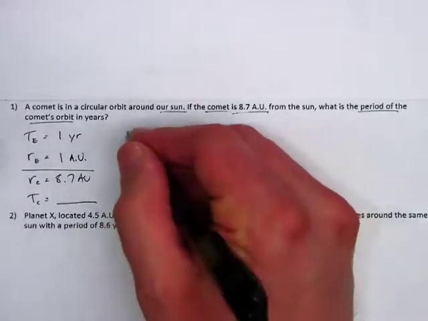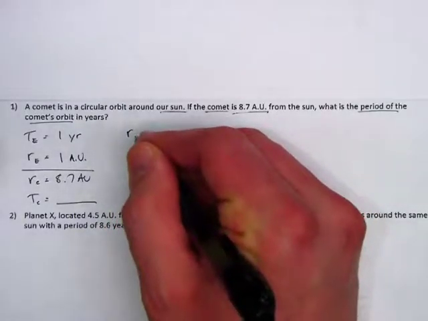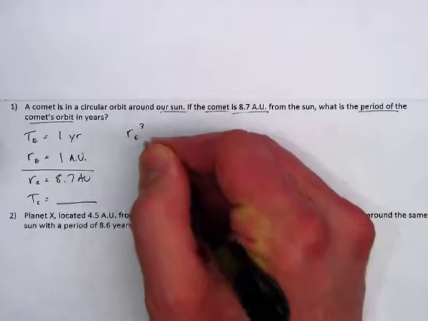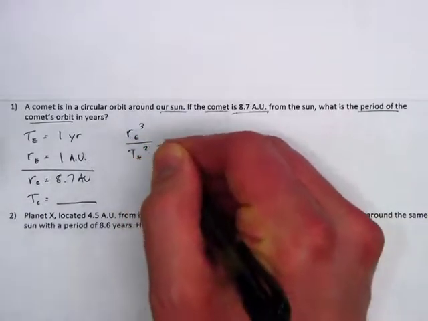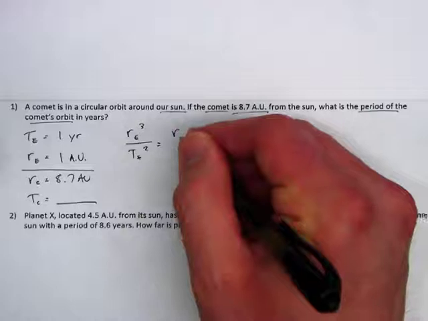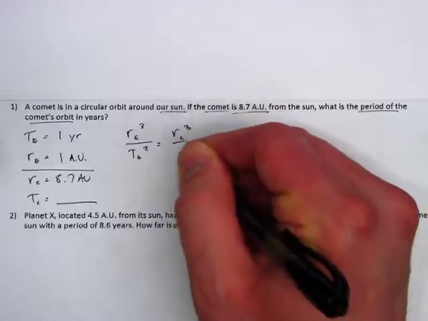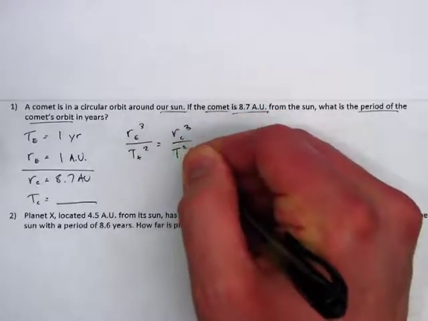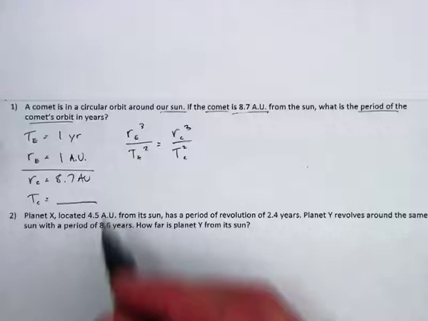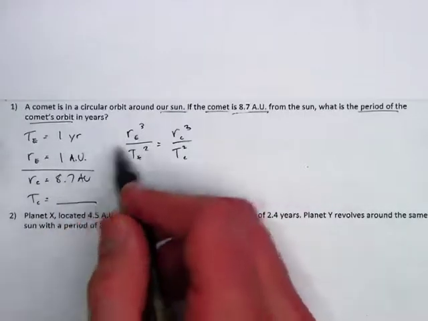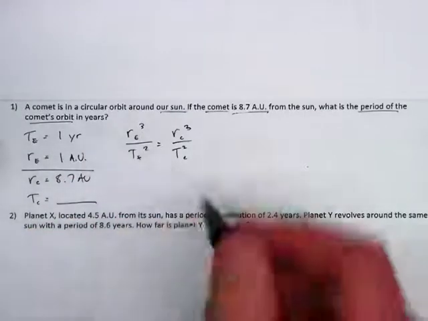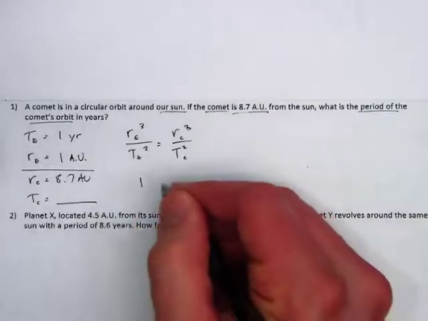We know that the orbital radius of the Earth cubed over the period of the Earth squared is going to equal the orbital radius of the comet cubed over the period of the comet squared. But if the orbital radius of the Earth in astronomical units is 1 and the period in years is 1, then this whole side just becomes 1.